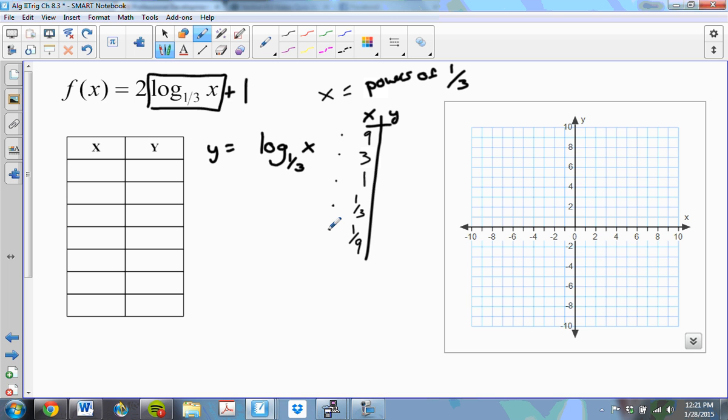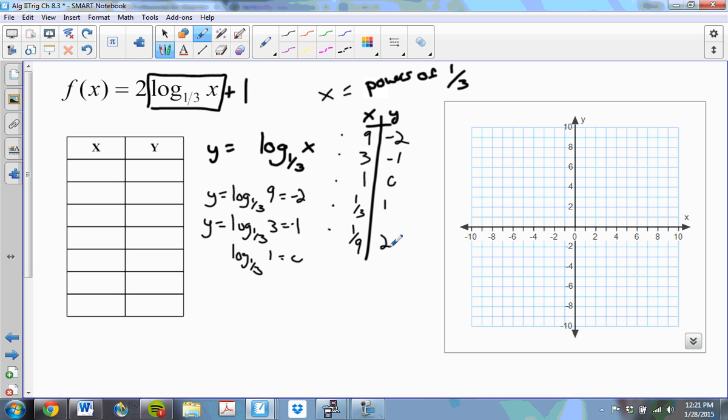If I do log base 1/3 of 9, I know I'm going to get out -2. That's the power that got me there in the first place. I'm just doing and undoing things with inverses. If I do log base 1/3 of 3, I get out -1. And log base 1/3 of 1, I get out 0.